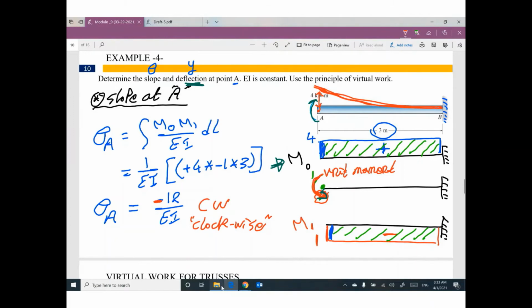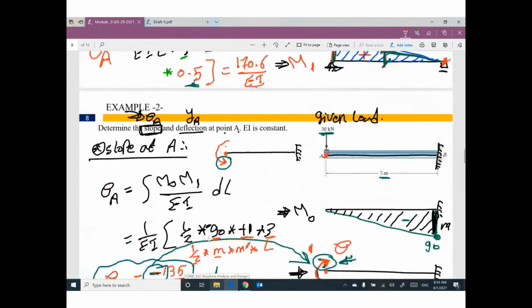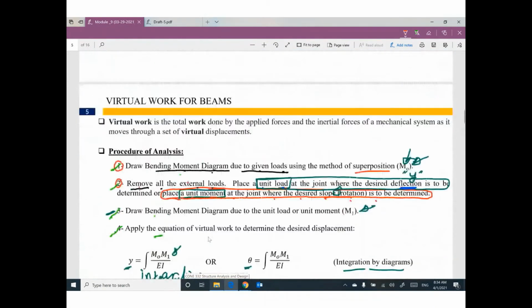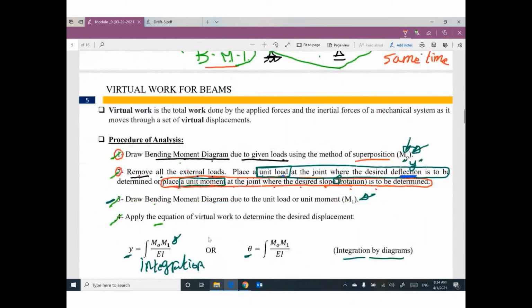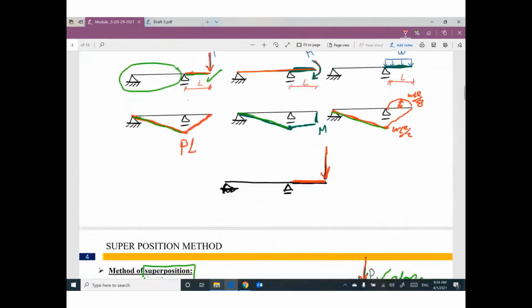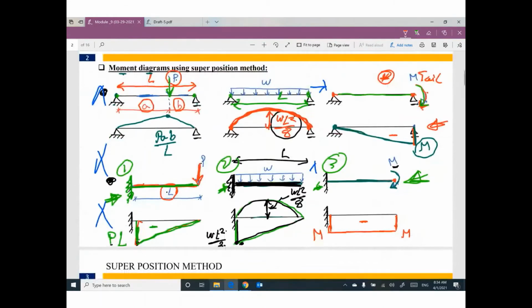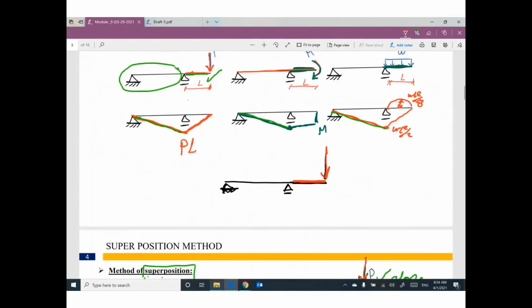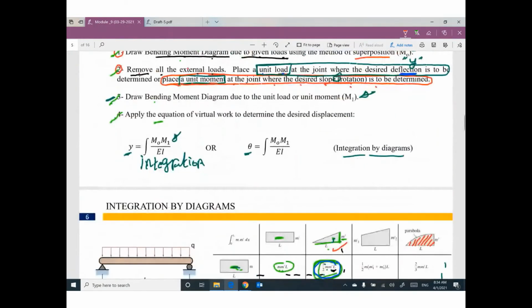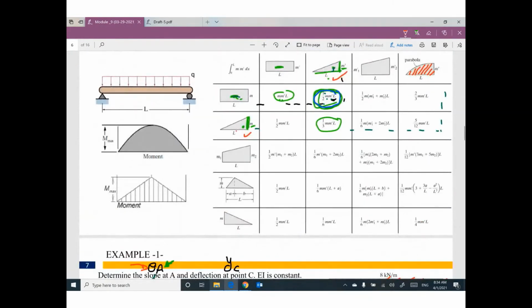So, last meeting and today's meeting, we covered virtual work for beams. It's very important to be professional on how to draw the bending moment diagram using the superposition method and how to use this table of integration.